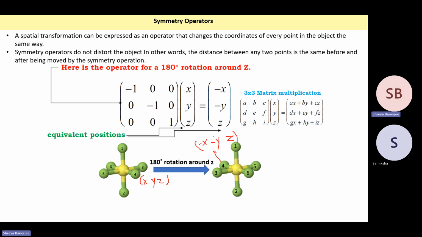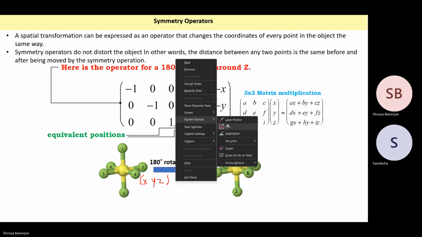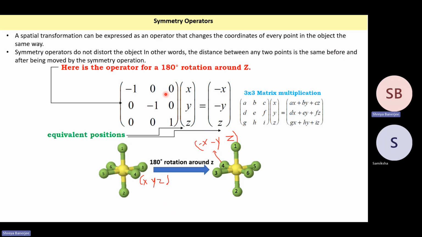X and Y coordinates become negative and Z coordinate is unchanged. That is why this matrix is called a 180 degree rotation matrix, because if you multiply this matrix with any three coordinates, it will change the sign of the X and Y coordinates, but the Z coordinate will remain same, which is what happens in case of a 180 degree rotation around the Z axis.